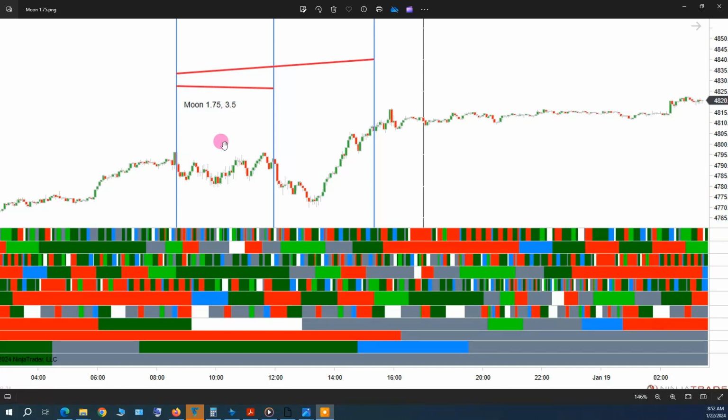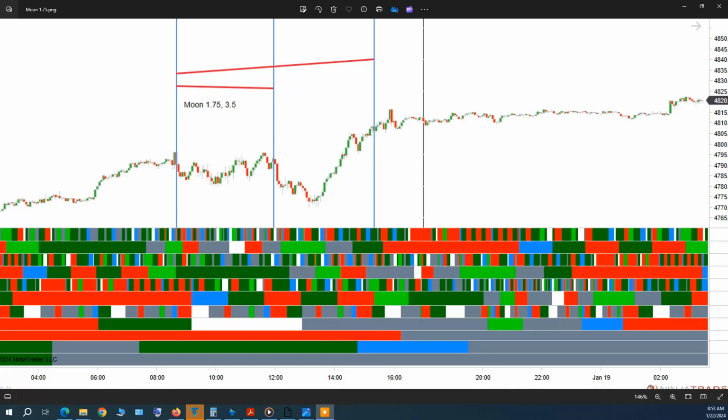This is where I'm anchoring, and I'm measuring the moon longitude from what it was at this point, adding 1.75. That gets me to this high here, and then adding the 3.5 from the anchor gets me to this low here, which is just a minor corrective low in that strong uptrend. So a chance for a short and a long.